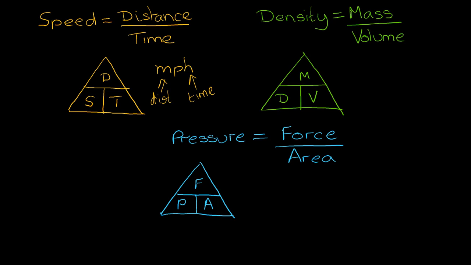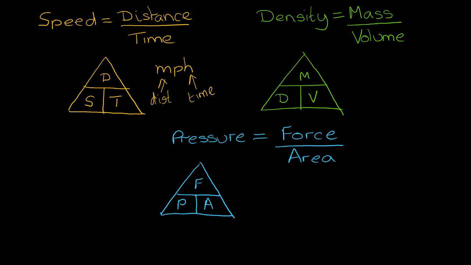So the next one that we can see here is density, which is mass divided by volume. And again, because it's got those three parts, we can just use a triangle to help us work out what we need in a given situation. And again, the units that we might be given for density can help us to work out or remember what this formula is.